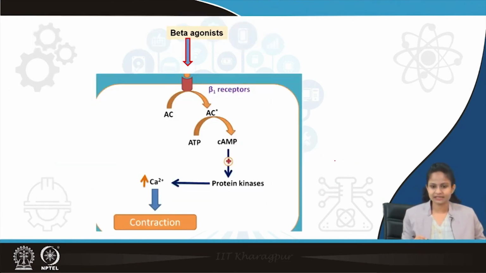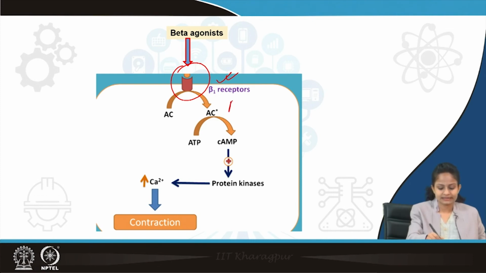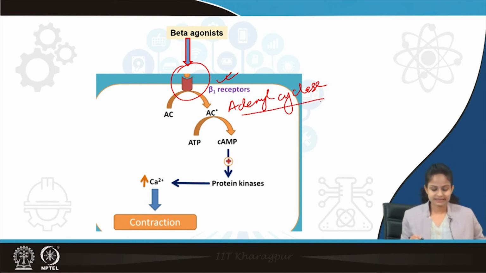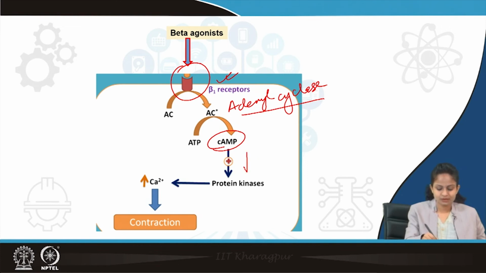Now, whenever the beta agonist binds to the beta 1 receptors, there is stimulation of the adenyl cyclase enzyme. This adenyl cyclase enzyme will cause activation of cyclic AMP. This cyclic AMP will cause further activation of various protein kinases, and these protein kinases will cause influx of calcium ions, and hence contraction will take place.